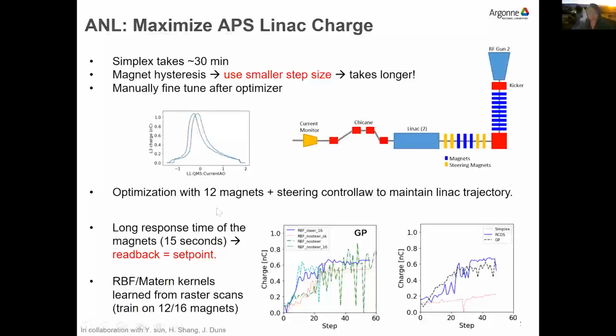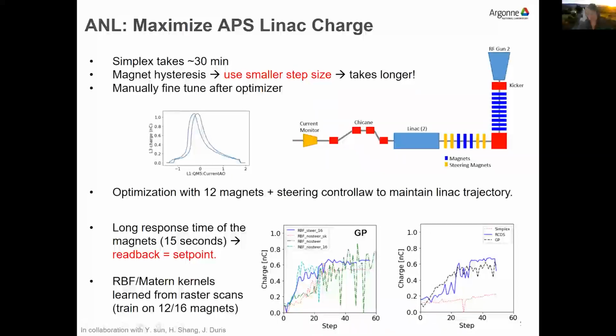So we applied the GP to it. We used RBF and Matern kernels, learned from raster scans, so using ML type 2 here, trained on either 12 or 16 magnets. We had to wait until the readback was equal to the set point, because when the step size was too big, the magnet's response time was longer.